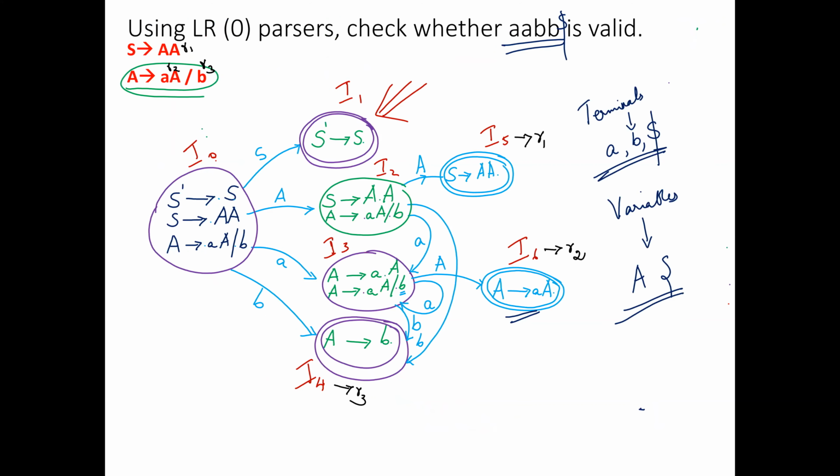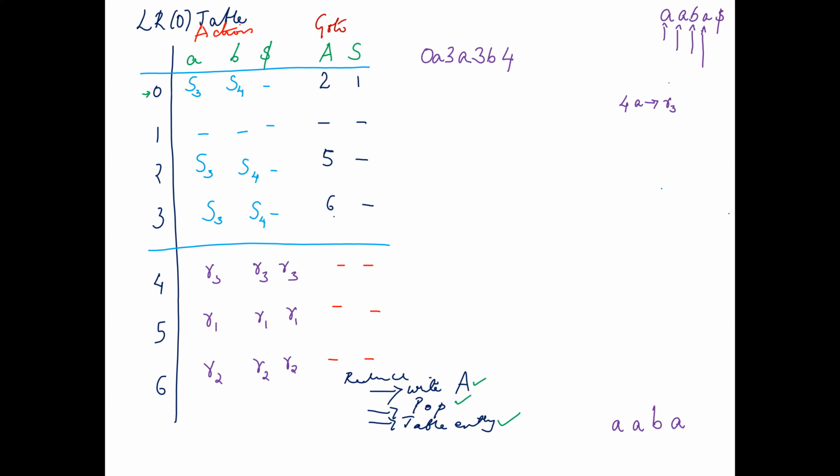Let me find out what is R3. R3 is A to B, which means, don't touch this. Just go before and see if you have a B. Yeah, I have a B, and I replace it with A. Pop out 2. So, I replaced it with A. Follow this. 3 capital A. 3 capital A is a 6.